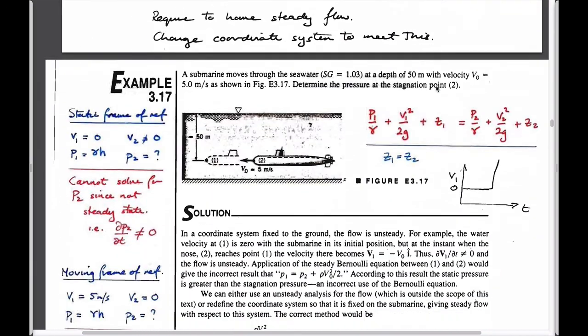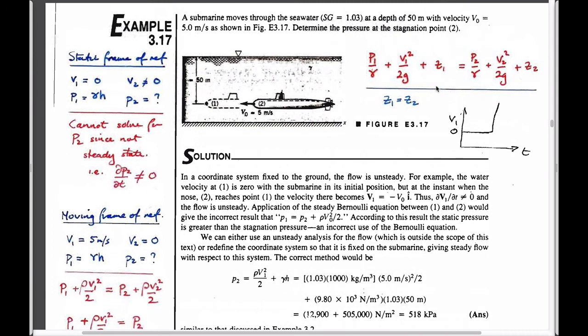What else? I guess two other things to talk about. We said that we could only use Bernoulli if it was incompressible. Well, not true. We've used it for air with the jet aircraft example. It works reasonably well so long as you're not going at really high velocities like the speed of sound. So 700 or 600 miles an hour works just fine. We also said it had to be steady. And we've kind of violated that in some of the things we're doing.